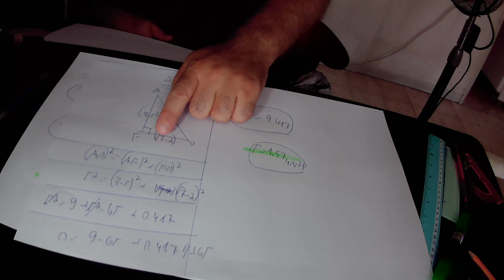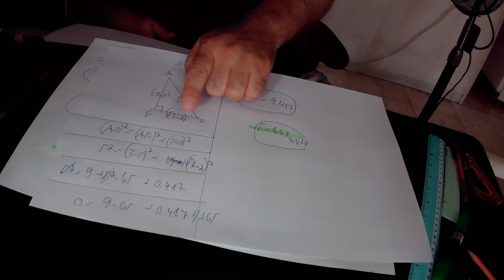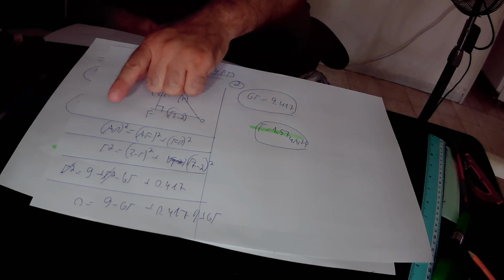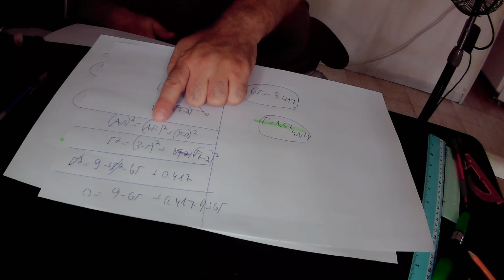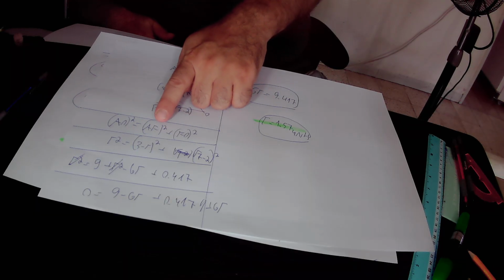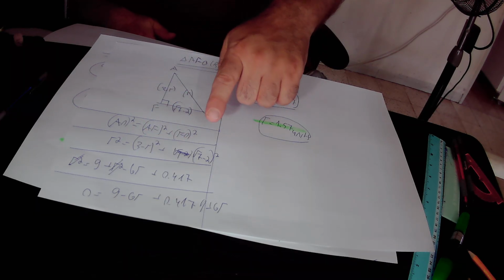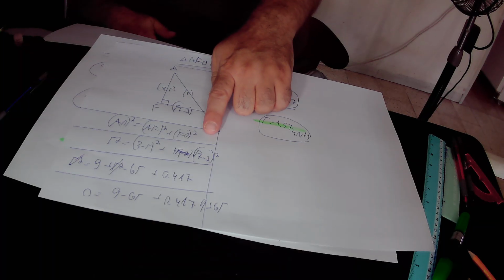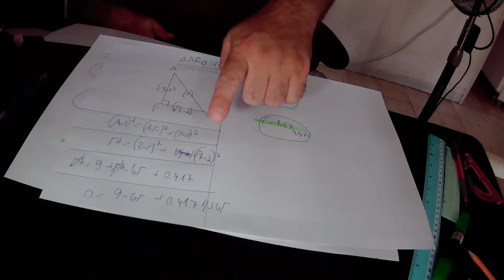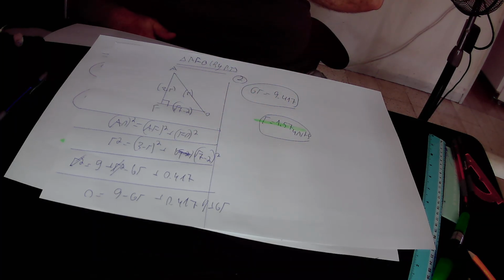So in total, we found out that R squared equals (3 minus R) squared plus (square root of 7 minus 2) squared. We open the brackets here and found out that (3 minus R) squared equals 3 squared, that is 9, plus R squared, minus 2 times 3 times R, that is minus 6R, plus (square root of 7 minus 2) squared. (Square root of 7 minus 2) squared, in total, equals 0.417.